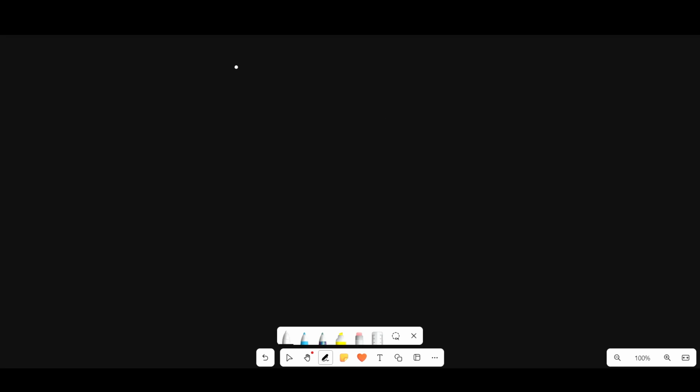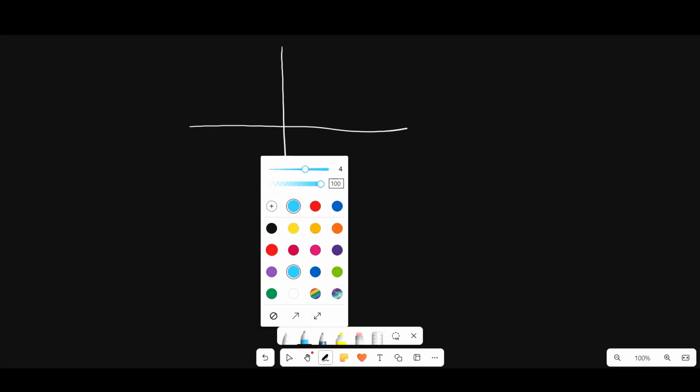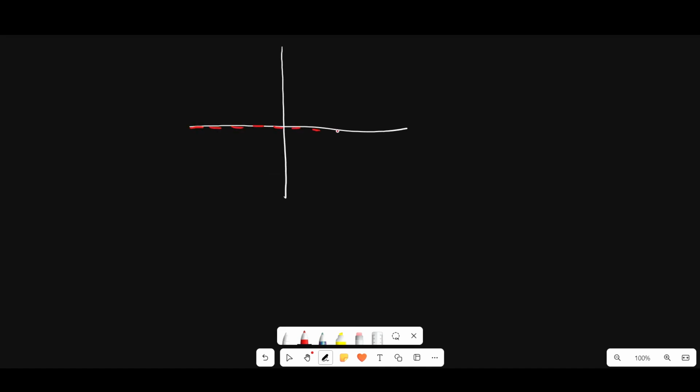If you look at the last video that we did, when you sketched the exponential function, we said that we have an exponential, then we have an asymptote, and then you have some sort of graph.